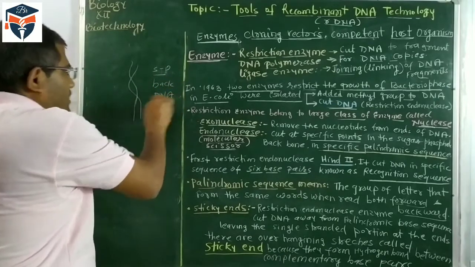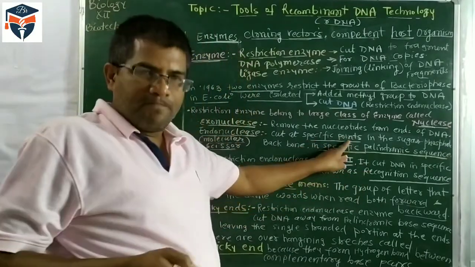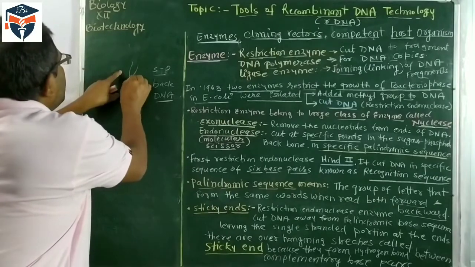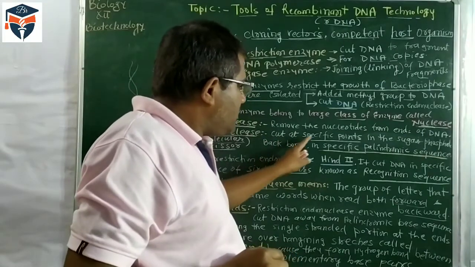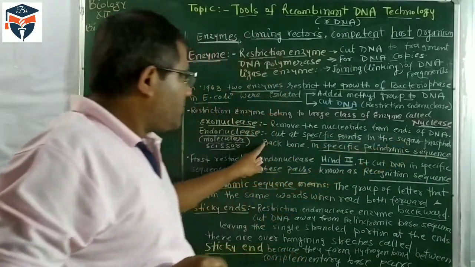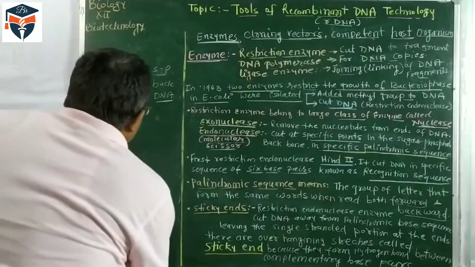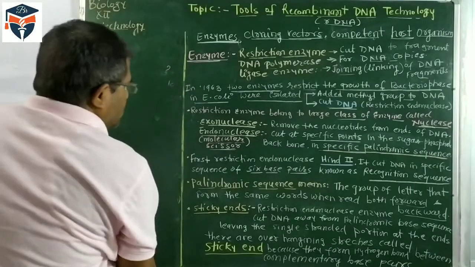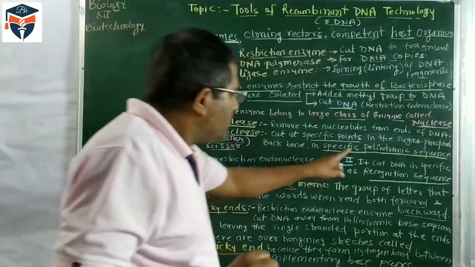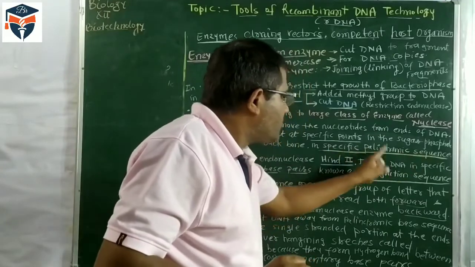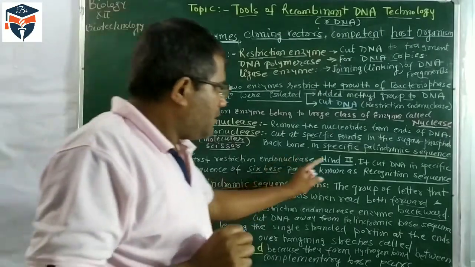So this backbone is cut at a specific point and in a specific sequence, and this sequence is called a palindromic sequence.